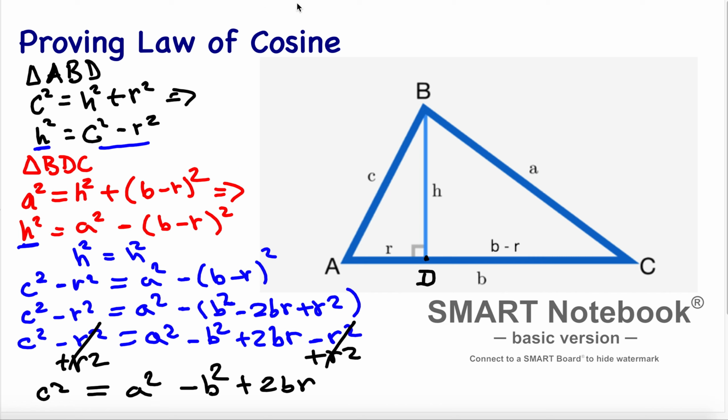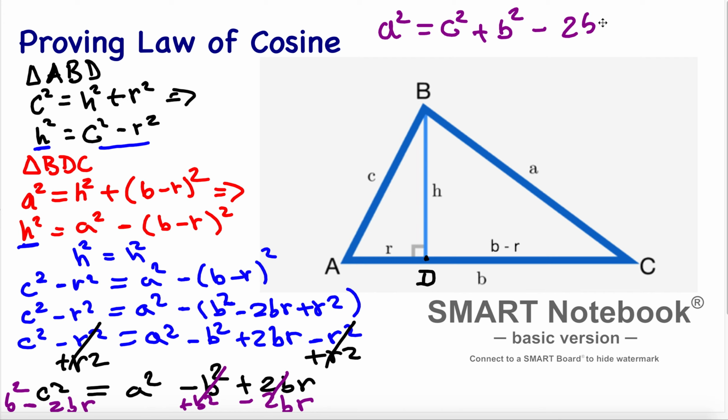The b squared and the minus b squared cancel, and what do we get? We get a squared is going to be equal to c squared plus b squared minus 2br.